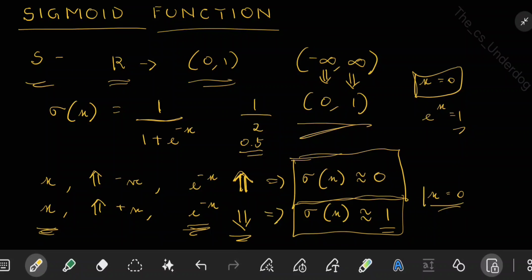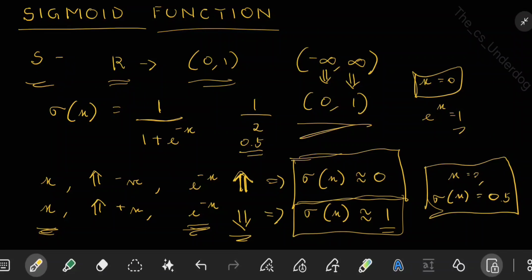Which means your sigmoid of x will take value 0.5 when x is equal to 0. These are the very basic things. After this, we are going to build on this, okay?